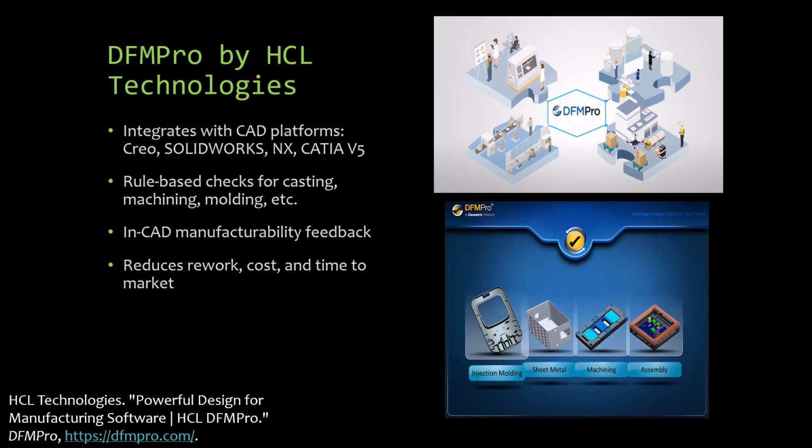The key features of DFM Pro by HLC Technologies include a comprehensive set of design rules derived from industry best practices, covering processes like machining, injection molding, casting, sheet fabrication, and assembly checks. The rules they have established help ensure that designs meet manufacturing process capabilities or supplier specific requirements.